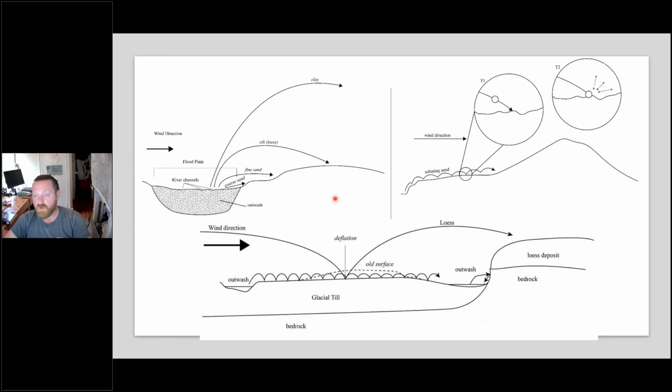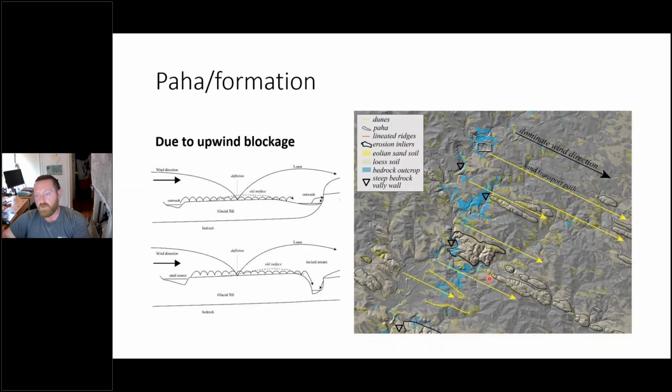But in zones where there was something blocking that sand, you would have dust being preserved. You would have that dust stacking up, and that's what's causing these Paha. It's not water flowing and eroding. It's sandblasting everything, and then leaving areas that are protected from sandblasting with thick loess.